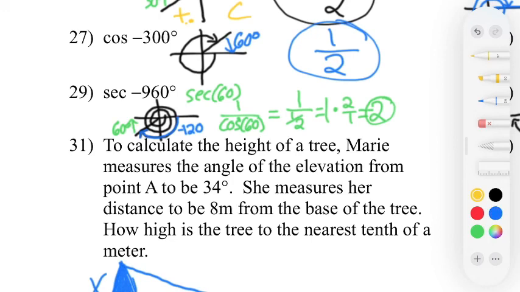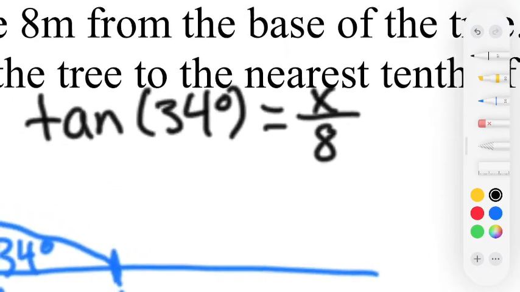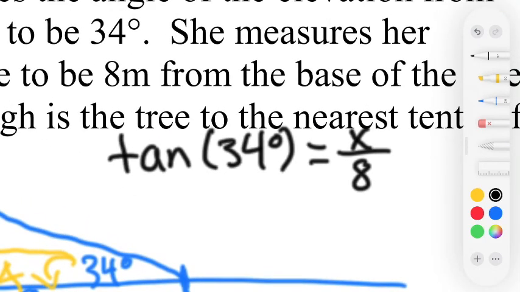So here we're looking at our opposite side and our adjacent side. So O and A is tangent. So we're doing tangent of 34 degrees equals our x over 8. For this, we do not have to use the trick because we're getting our 8 out of the denominator.